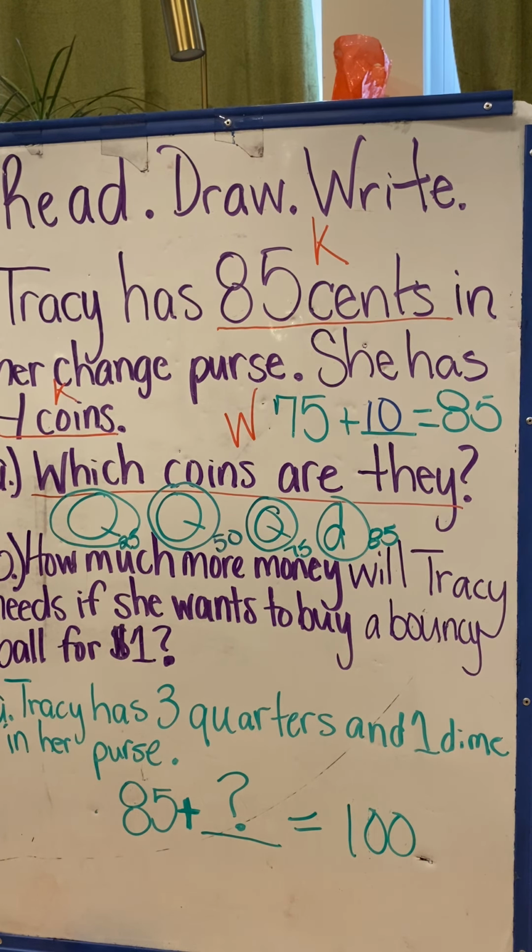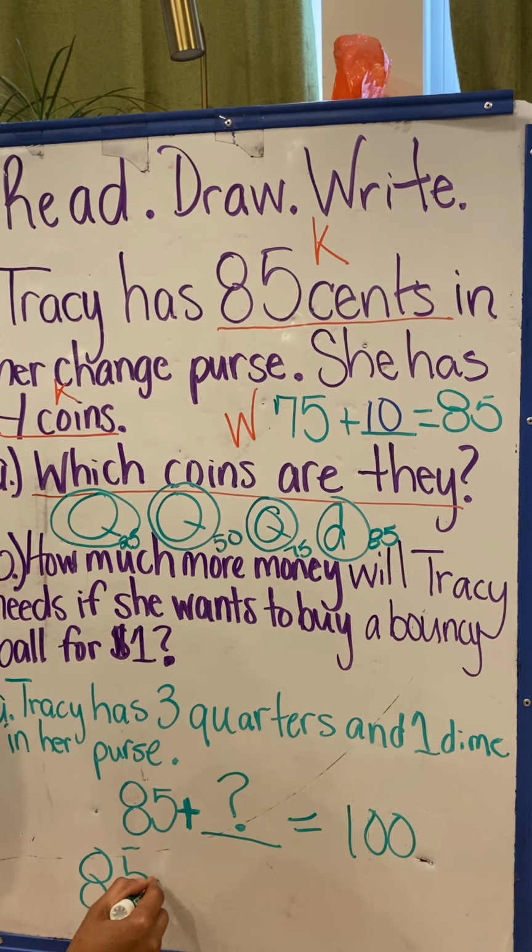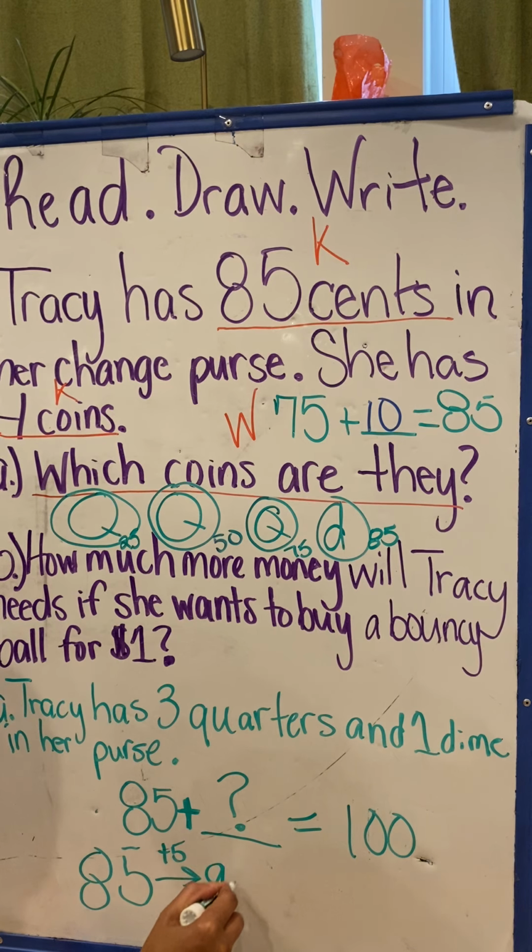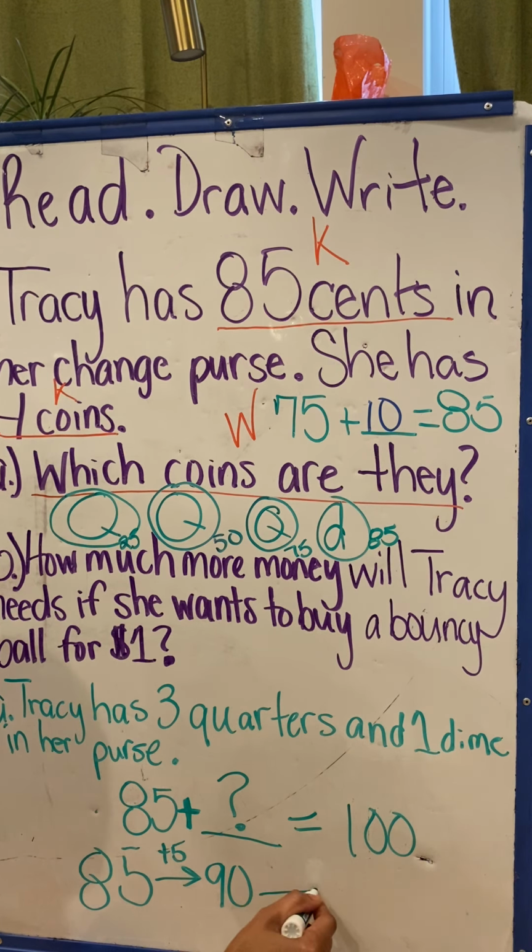So again, the best way to solve missing number problems is to count up. In this case, I'm going to use the arrow way. So I'm going to say 85, and I'm going to make a friendly number by adding 5, which will give me 90. I'm still not at $1, so I need to add some more.